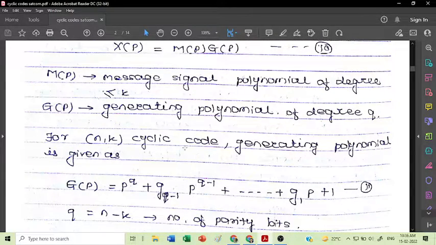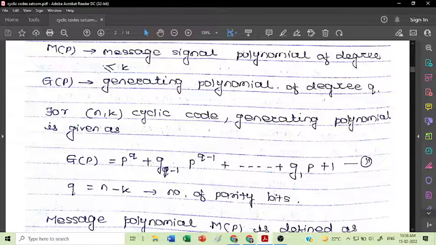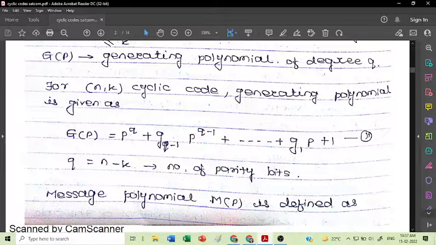For n comma k cyclic code, the generating polynomial is given as g of p is equal to p to the power q plus g q minus 1 p to the power q minus 1 plus ... plus g1 p plus 1, where q is n minus k. Q is the number of parity bits.